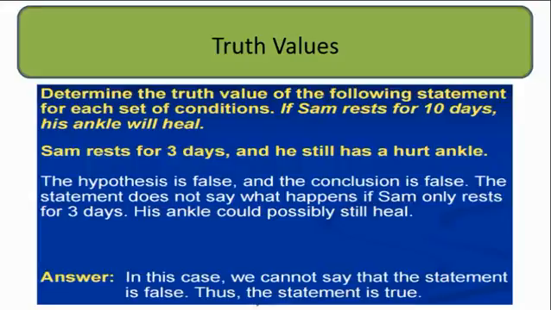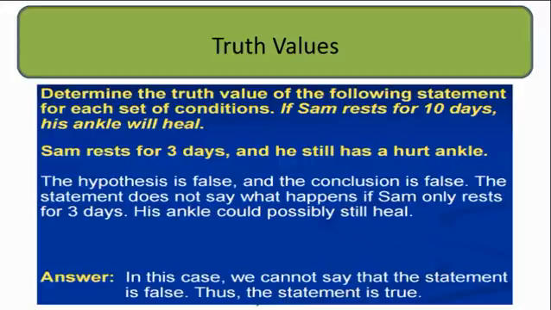So this is the most confusing one, when the hypothesis is false and the conclusion is false. We can't fully conclude that after 10 days his ankle will still hurt, because he's only rested for 3 days, not 10. So therefore, we can't conclude that if Sam rests for 10 days, his ankle will not heal.